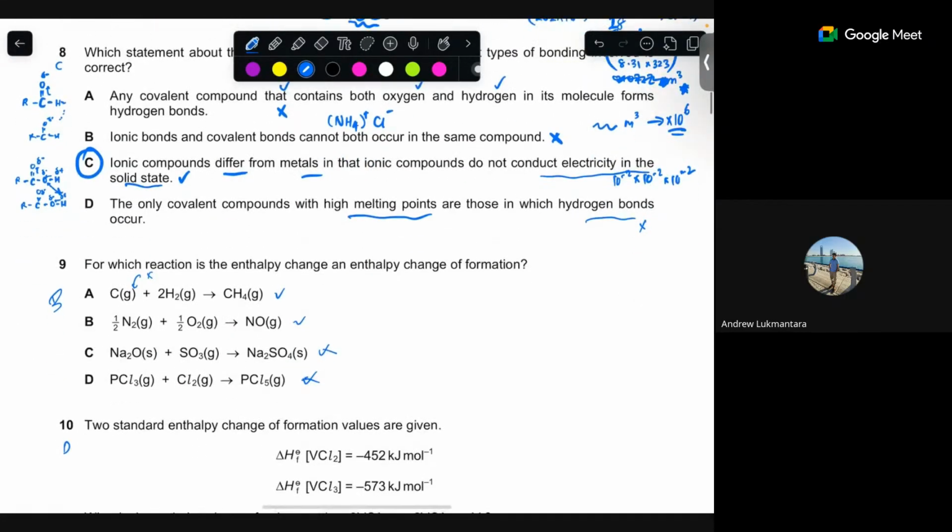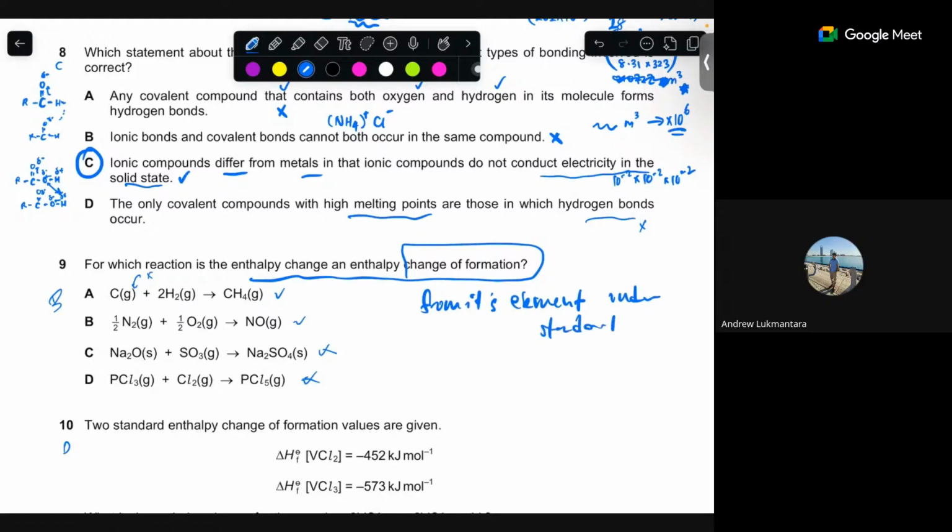Number 9, enthalpy change for formation: to form 1 mole of a substance from its elements, under standard state. So let's look, first it must be 1 mole of the compound.